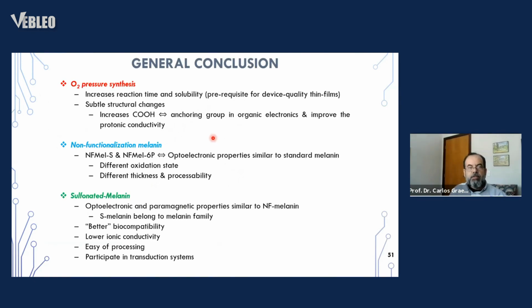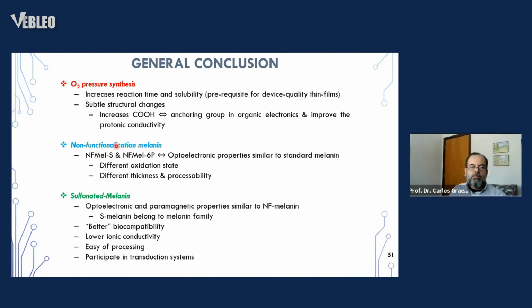So coming to the end. I think I have convinced you that we can bring melanin to the real world by changing synthesis, and especially by using OH pressure. We increase the solubility of melanin, and the change of the solubility comes, we believe, from the amount of COH anchoring the melanin structure.